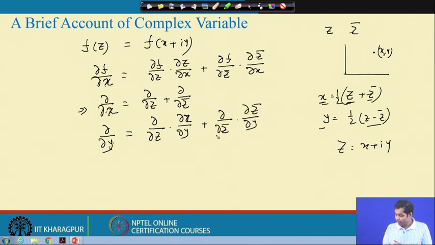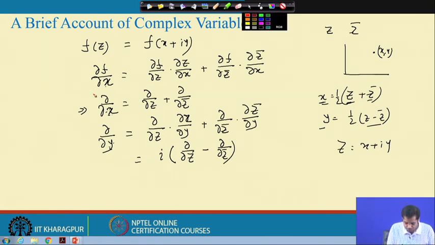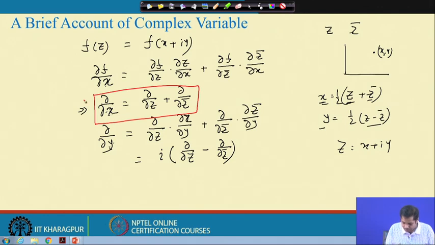Now, if we do that, finally, this becomes i times del z minus del z bar. So, this is the relation that we have right now. So, del x is this, and del y is this.